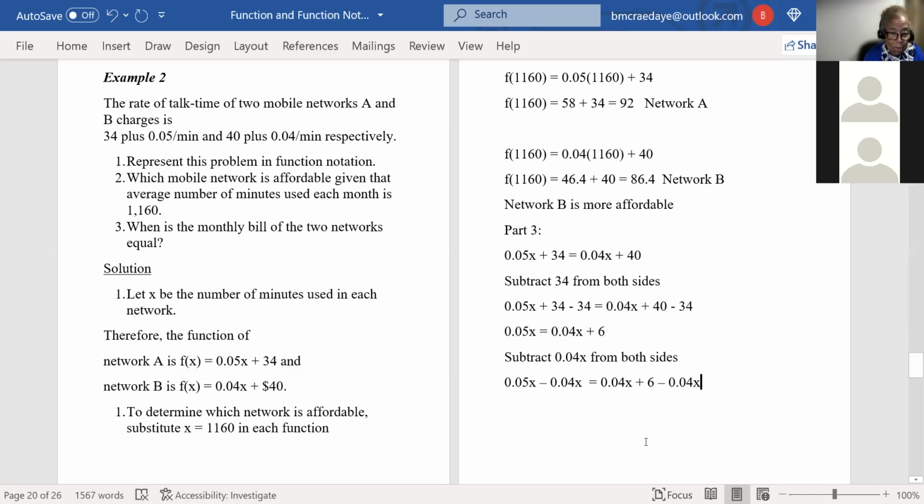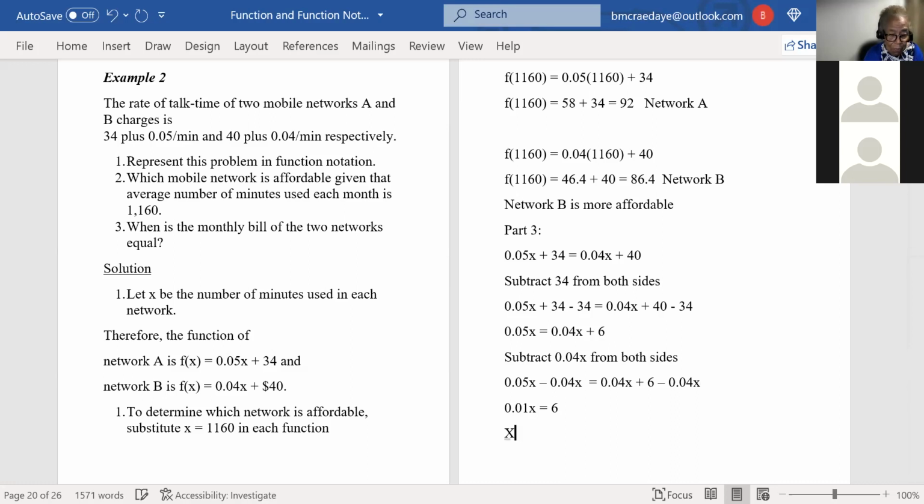Subtract 0.04x on the left and subtract it also on the right. Now, Latoya, what do I have on the left side? 0.01x. That's right. And what do I have on the right side? Plus 6. Now, we can make this simpler by shifting the decimal point 2 places. 0.01x is the same as 1x.